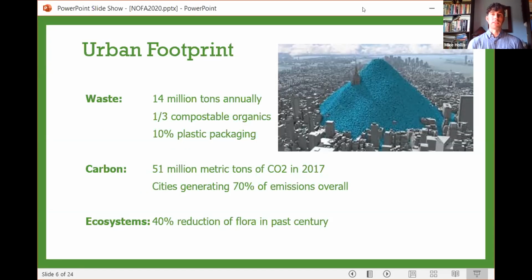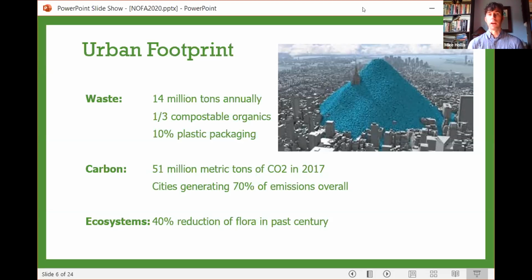Chatting about urban footprints. In terms of the waste that we were mentioning, New York City is producing 14 million tons annually, but a full 1/3 of that is compostable organics. So when we talk about regenerative design or even sustainability targets, composting is a really wonderful opportunity to have a significant impact on this waste stream.